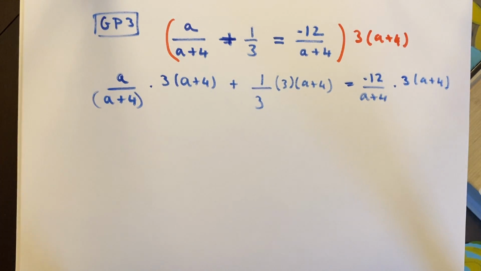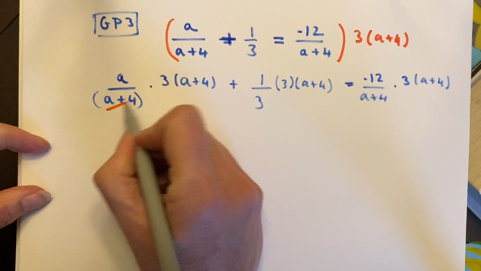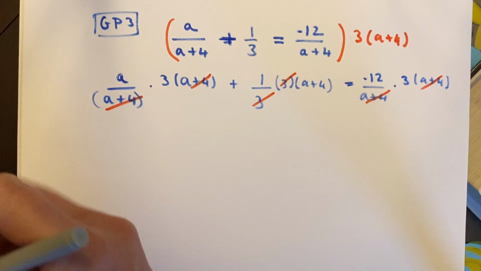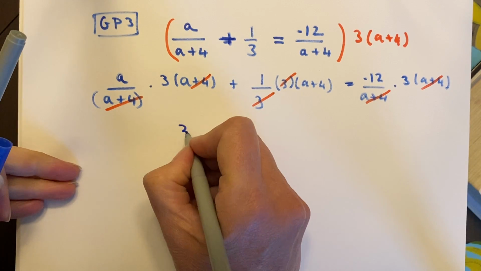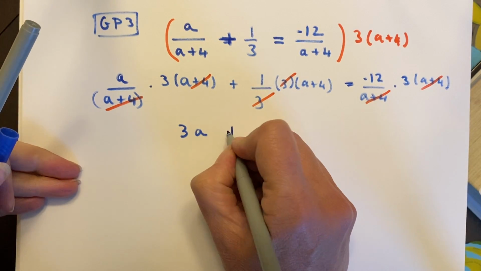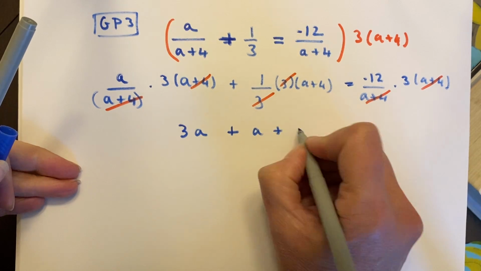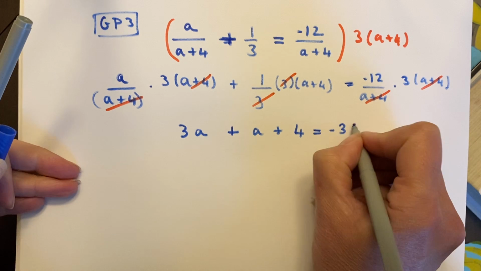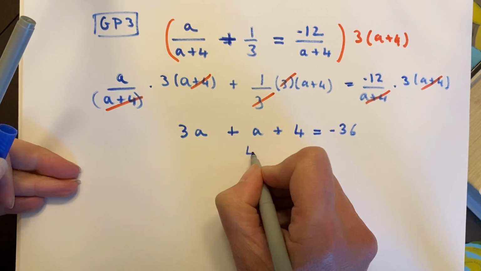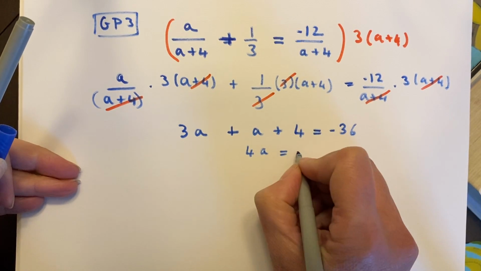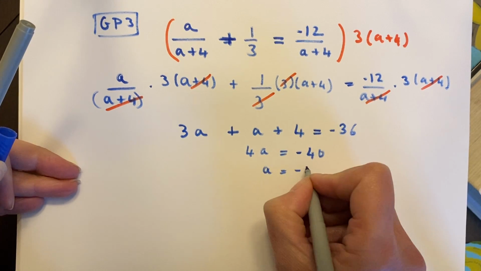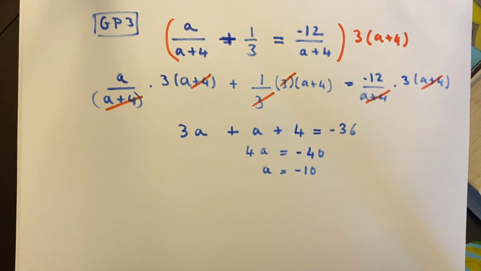I think my pen is losing ink. I'm going to cancel everything I can, and I'll be left with 3a plus a plus 4 equals negative 36. So 4a equals negative 40, and a equals negative 10.